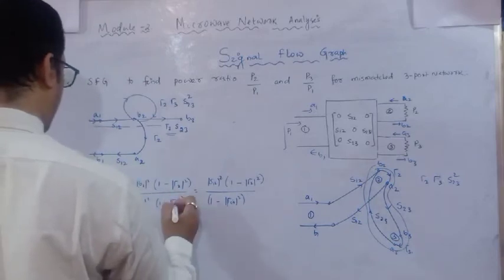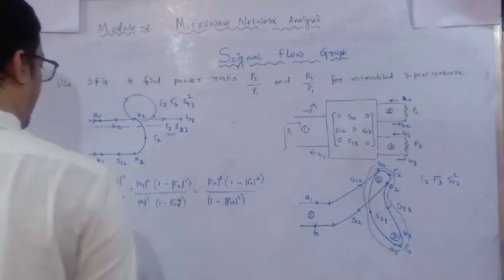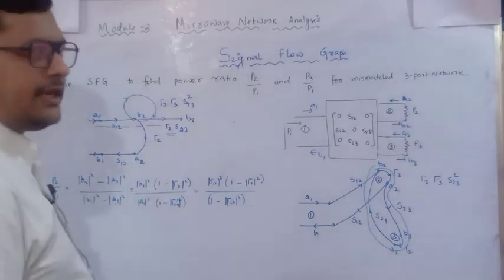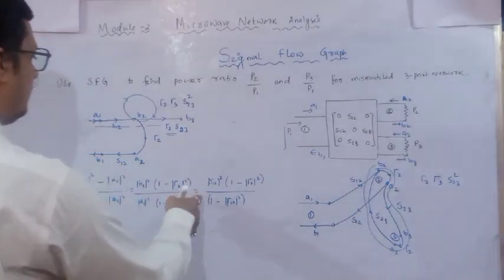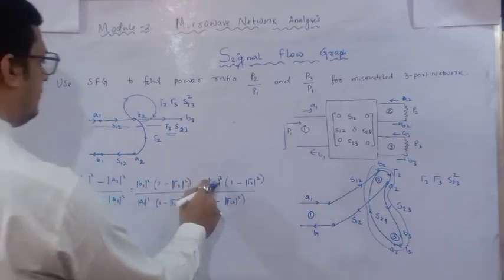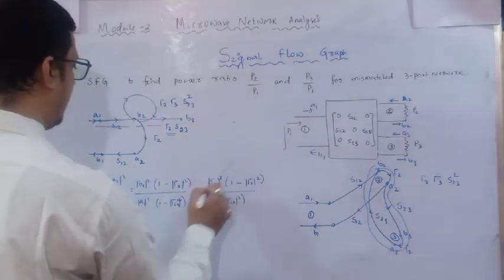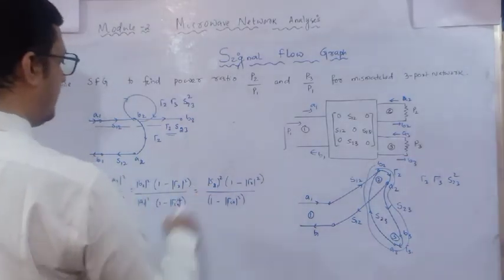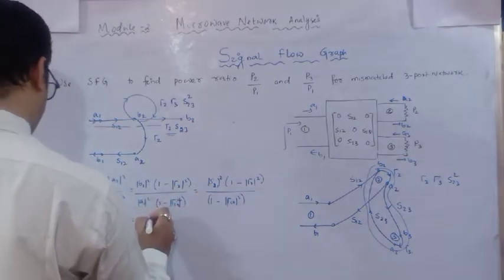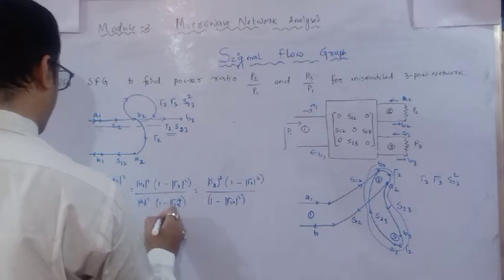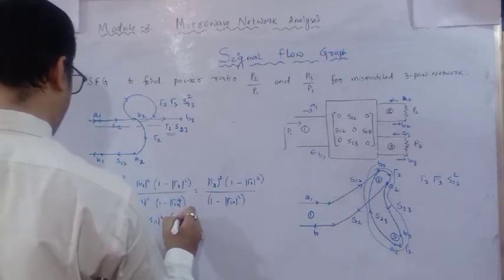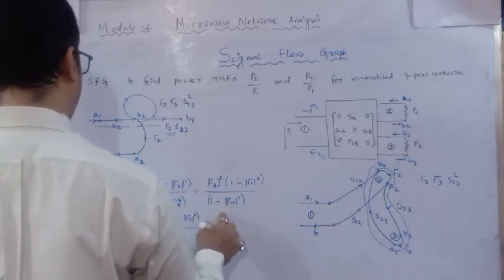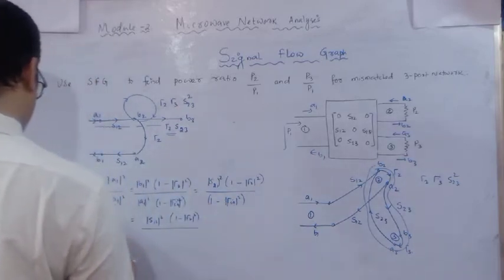So in place of 1 I can put I. Okay, so this is my value. So B2 by A1 it will become S21 square, and that S21 square we have to express with respect to S21. Okay, because B2 by A1 is S21 square into this much. Now this I can again express in terms of S12 square whole minus reflection coefficient 2 square whole divided by this input reflection coefficient square.